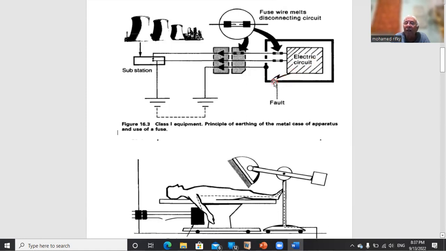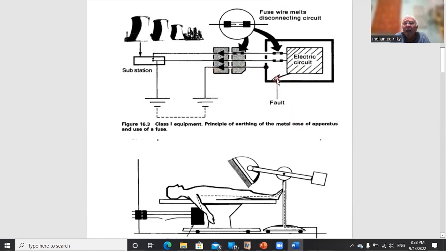This high current increases the temperature, melting the fuse. So we have fuses in the equipment, and we also have a fuse at the socket. So this is the first method to avoid electrocution, the class 1 equipment, which must be earthed. You can see that the case is earthed.